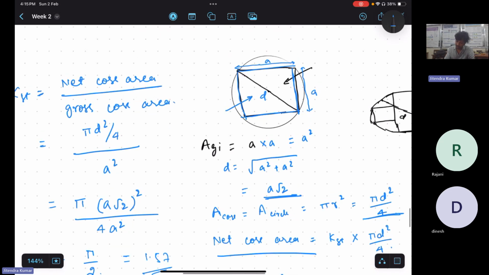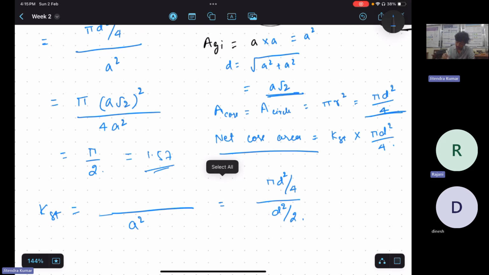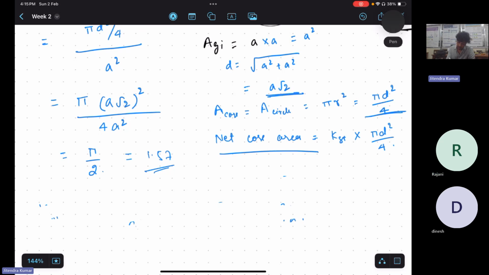Basically the circle is outside, so the area of the circle should be higher than the rectangle because the circle is circumscribing the rectangle. So in terms of gross, we should have used the circular area. So now we just have to take it as the denominator instead of the numerator. So it should be 2 by pi.